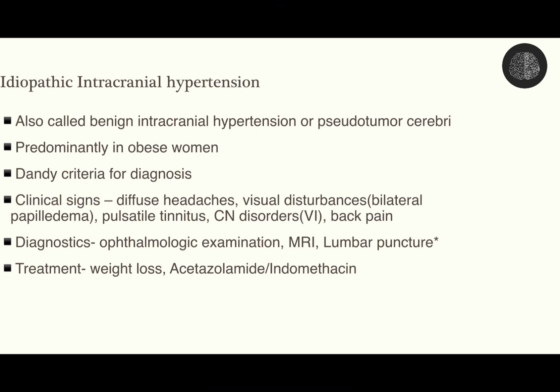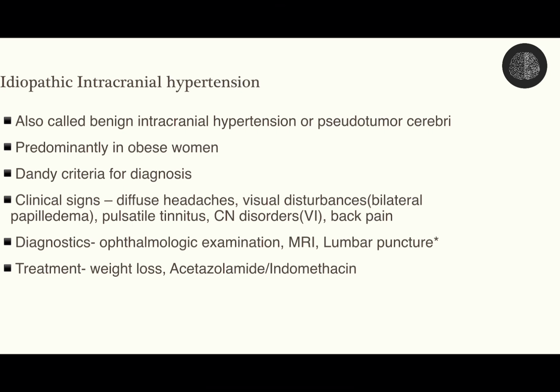Also, maybe you can see an empty sella, which is as a result of the CSF displacing the cerebral tissue, mainly due to the shrinkage of the pituitary gland. You can also perform a lumbar puncture, and it shows elevated opening pressure more than 20 centimeters of H2O. But the CSF analysis is normal with no signs of inflammation or any bleeding.